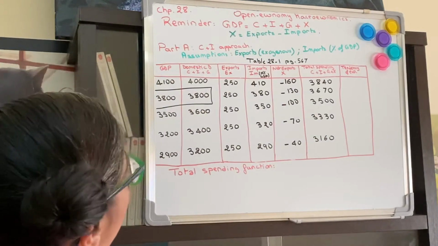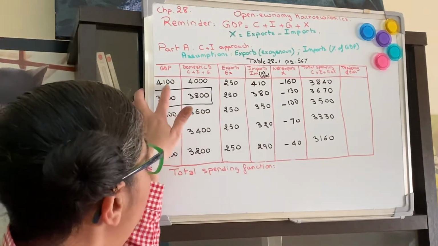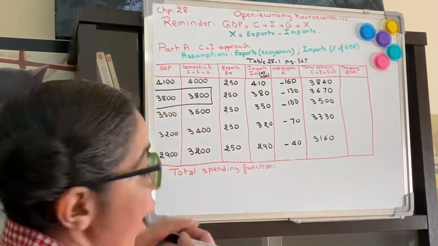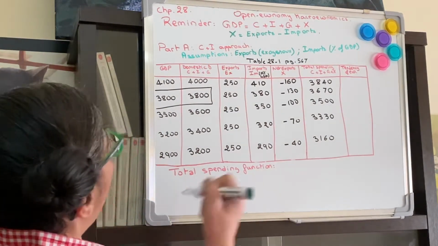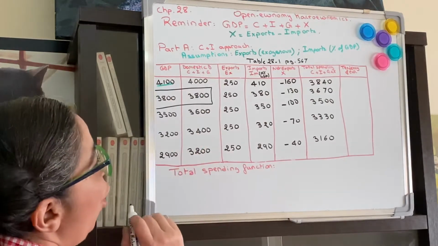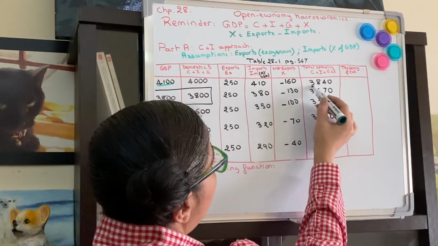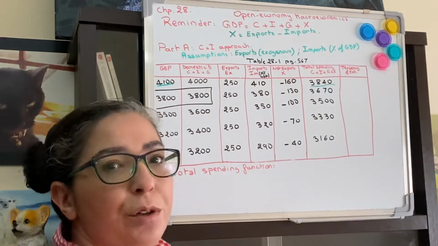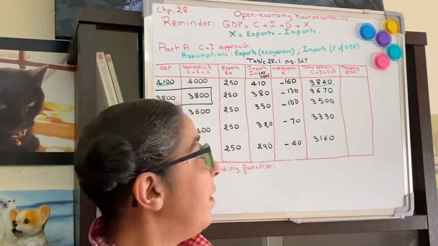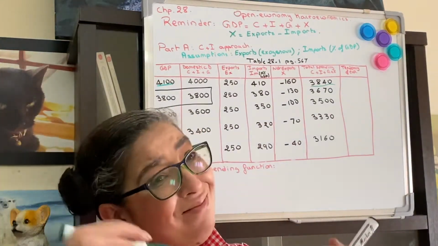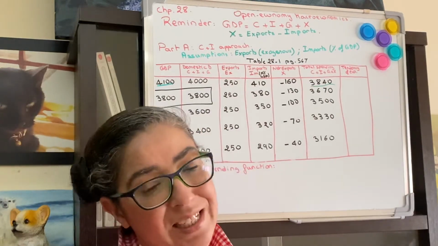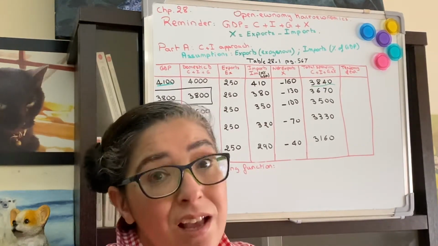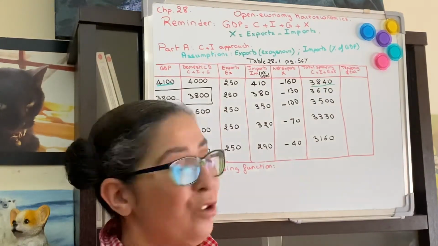So let's see here. At this point, your production is going to be 4,100, while your total demand is only going to be 3,840. So what are you going to do? Automatically, you're going to tend to decrease the output because you're not selling all your output, okay?